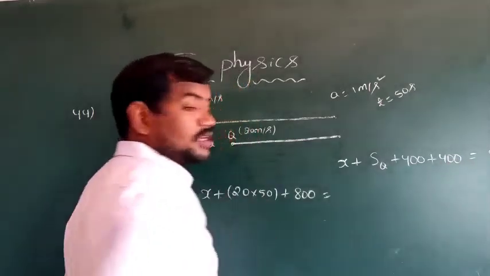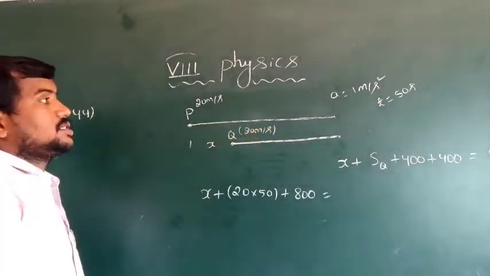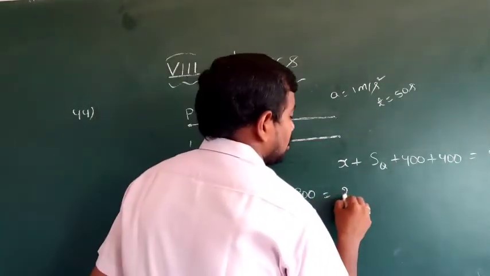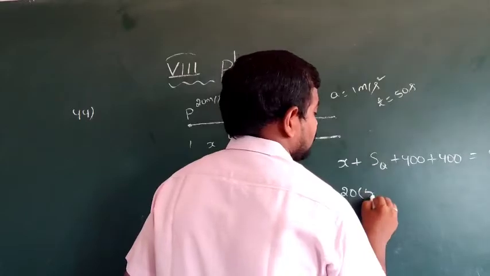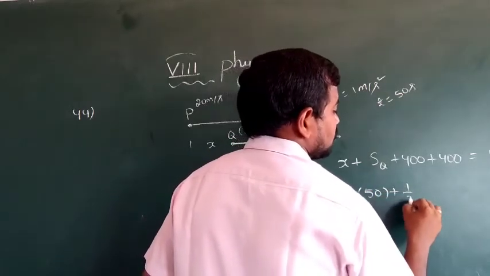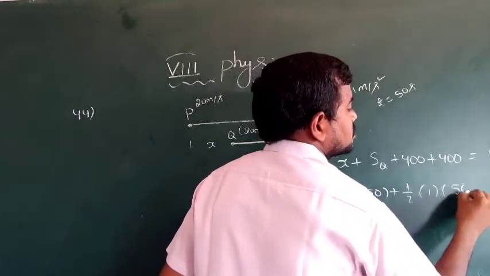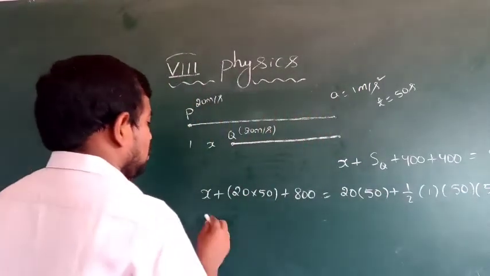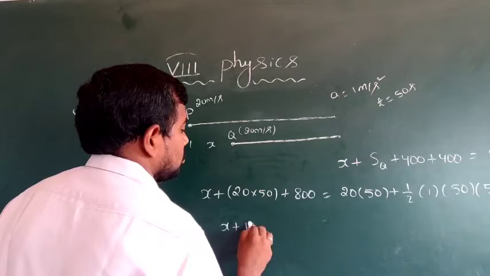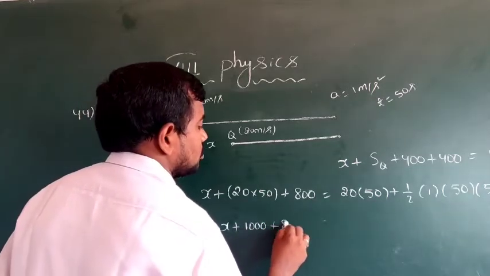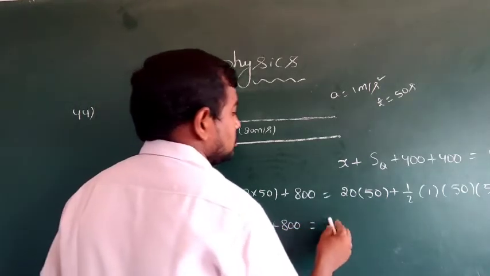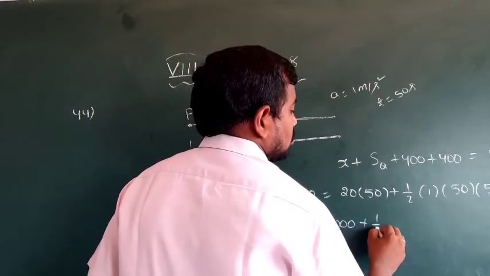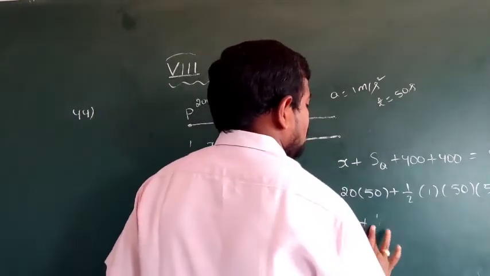And here it is equal to the distance traveled by P. Since it is moving with an acceleration, ut plus half at squared: u is 20 into time 50, plus half into 1 into t squared, 50 into 50. Got it? So x plus 1000 plus 800 is equal to 1000 plus 1250.